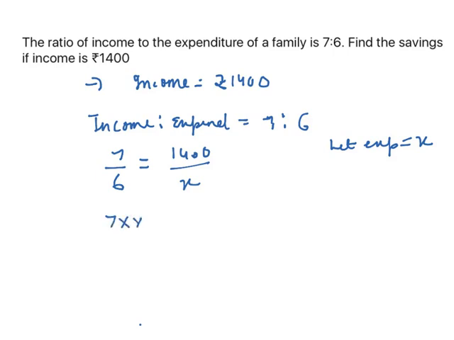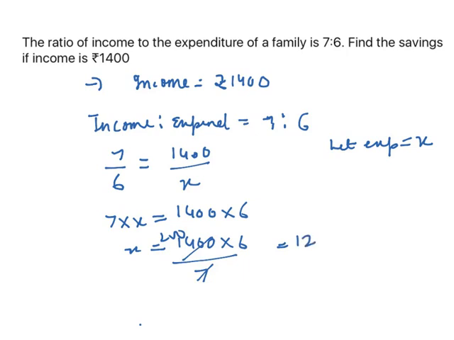We can cross multiply. 7 times X is equal to 1400 times 6. X will be 1400 times 6 divided by 7. It will give us 1200. That means expenditure is equal to rupees 1200. Now, what do we have to find out in the question? We have to find out the savings.